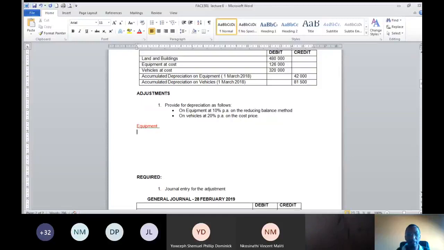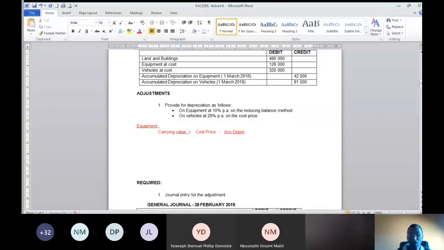If you want to calculate the depreciation on an asset using the reducing balance method, you must first calculate the carrying value of that asset. The carrying value of an asset is equal to the cost price of the asset minus the accumulated depreciation. It's what you have paid for the asset, minus what you have written off already.